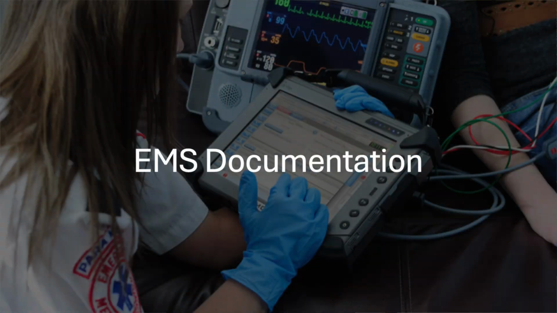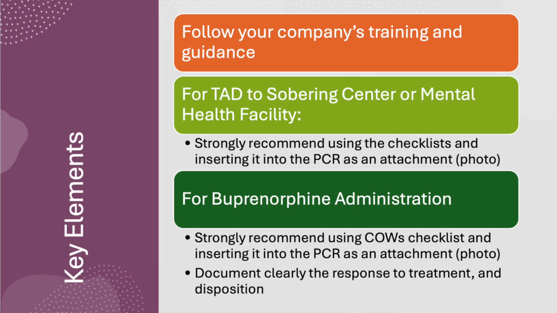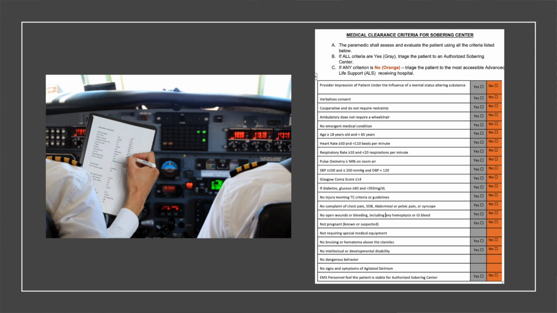All right, so let's talk about triage, alternate destination, and documentation. The underlying principle here is to follow your provider agency's training and guidance on this. For triage to alternate destinations, like sobering centers or mental health facilities, strongly recommended, just like we did in our last segment, to use your checklist, the checklist manifesto, to make sure there's no contraindication to the patient going to the facility.